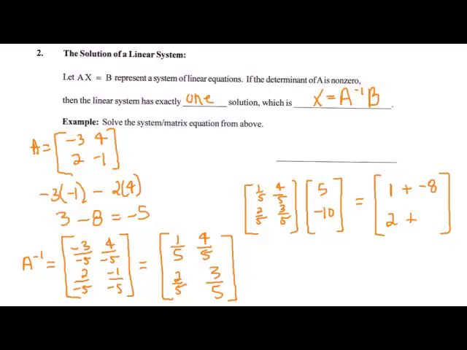Plus 3/5 times -10, which is -30 over 5, which is -6. So if we simplify this, we get -7 and -4. So these are x and y values. So our solution is -7, -4.